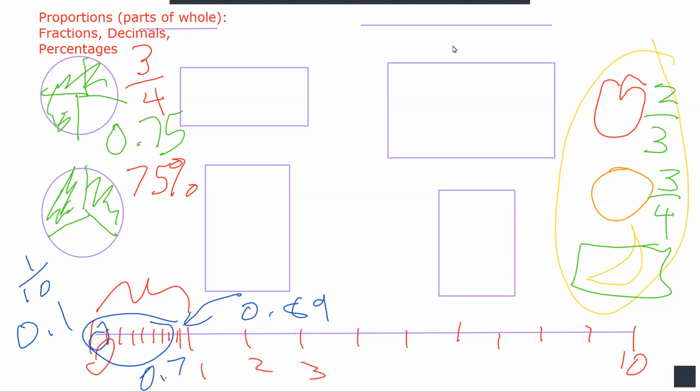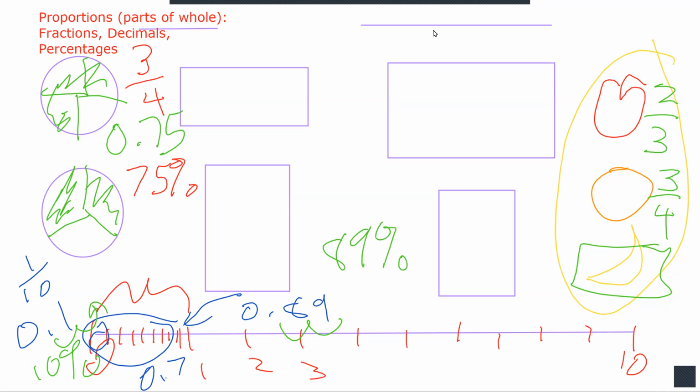And because we're used to that, instead of saying 0.89 or 0.7 or 0.1, sometimes instead we move the decimal over 2 places and we say, oh, well, that's 10%. Or if it was 0.89, we move the decimal over 2 places and say that's 89%. It's just a different way to say it.